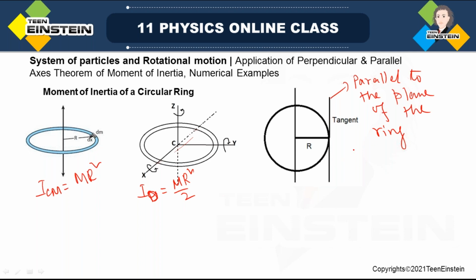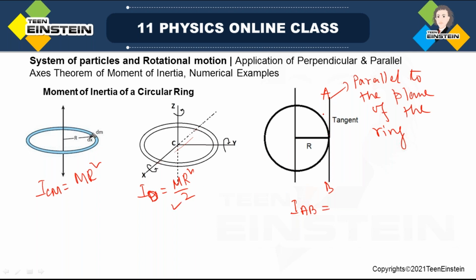And in this case you have to find the moment of inertia about this tangent, which is in the plane of the ring. So in this case also you have to use the parallel axis theorem, but you have to find another parallel axis, which is a diameter. For any diameter you take in this ring, you have the moment of inertia this one.